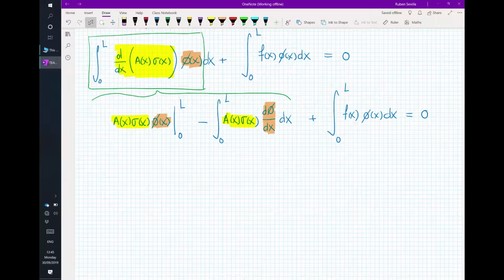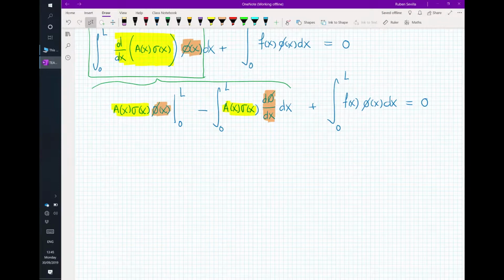Now I'm going to rearrange, okay? We are done. Just going to put the things in the right order, because I'm going to put this one first. Integral from 0 to L of A sigma, where sigma is the stress, so that's Young's modulus multiplied by strain, which is the derivative of the displacement.